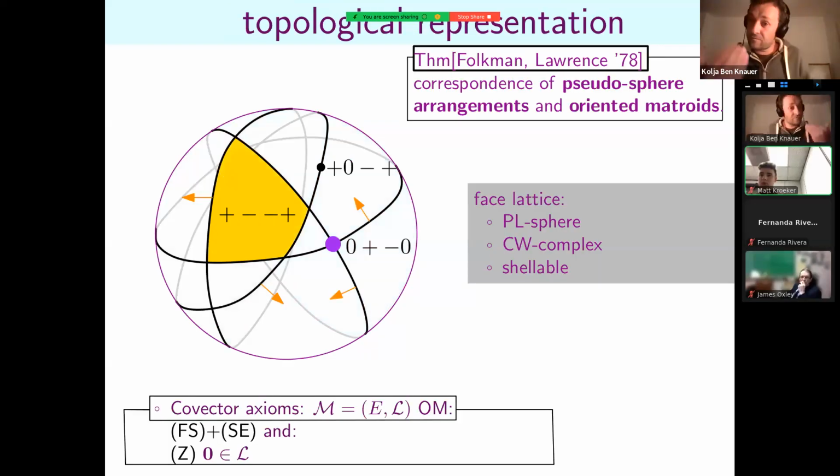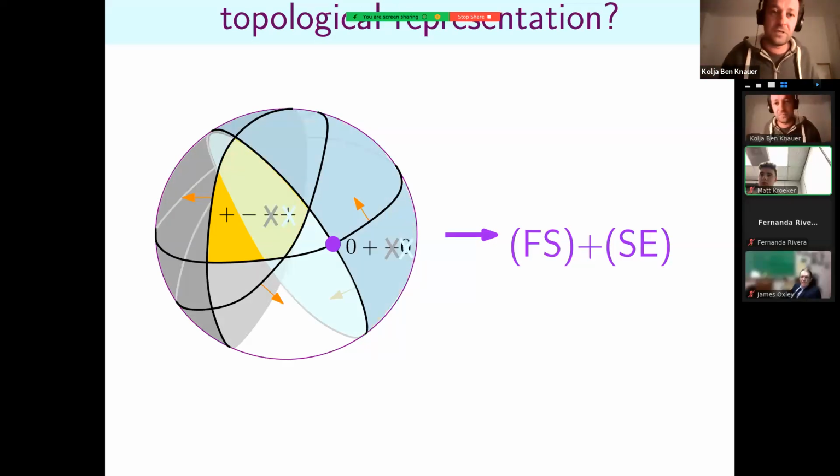And when we want to get from here to a COM, one thing that we can do is, for a couple of these spheres, say, okay, I restrict to one hemisphere. I only look at the intersection of some of the open hemispheres and look only at the sign vectors that I get this way.